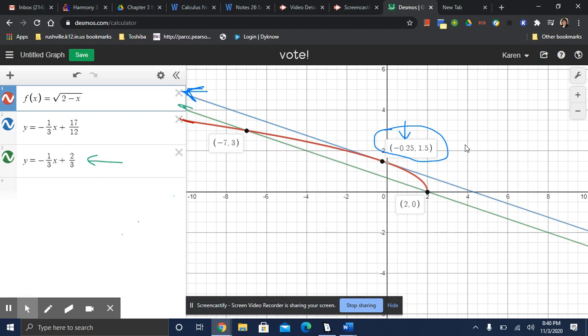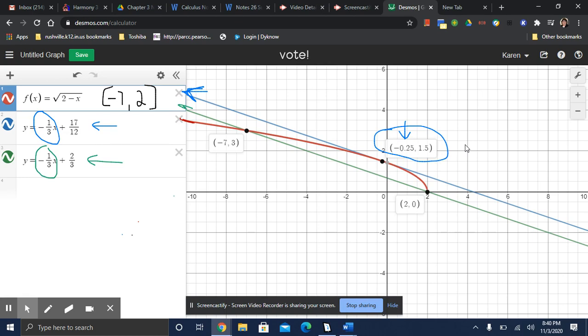And notice that that tangent line, which is this equation right here, has the same slope as the secant line, the line that ran through the two endpoints of our graph on the interval from -7 to +2.